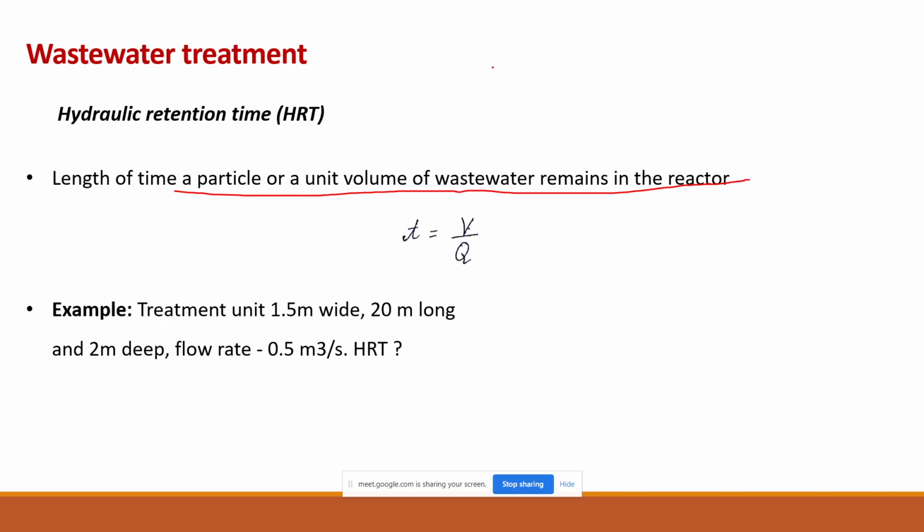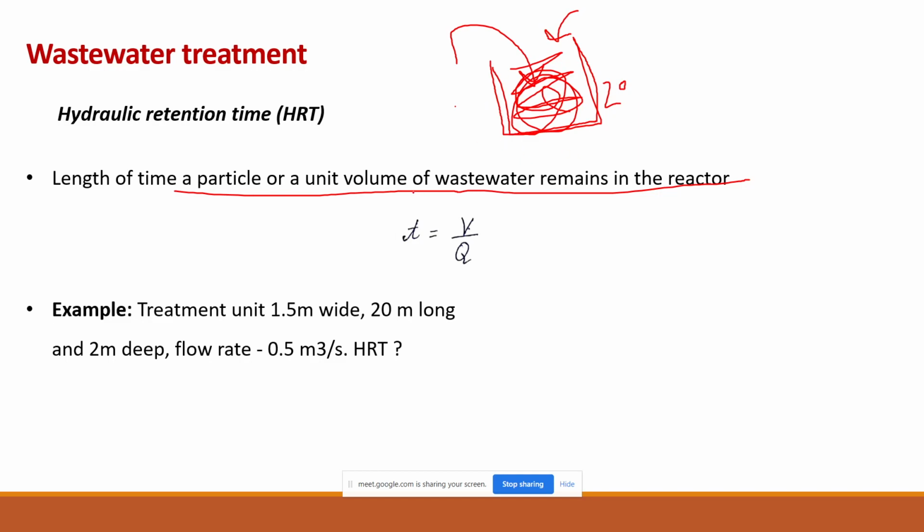So what I was discussing in the last few minutes was, suppose you are designing a reactor for, let's say, the secondary wastewater treatment stage, right? Now this is the inflow of wastewater. So you'll have to decide the time for which this wastewater will remain in the reactor and get treated. Maybe due to some microbial activity, or maybe you are adding some compound A and you want to treat it. So the time it will remain, we calculate through HRT.